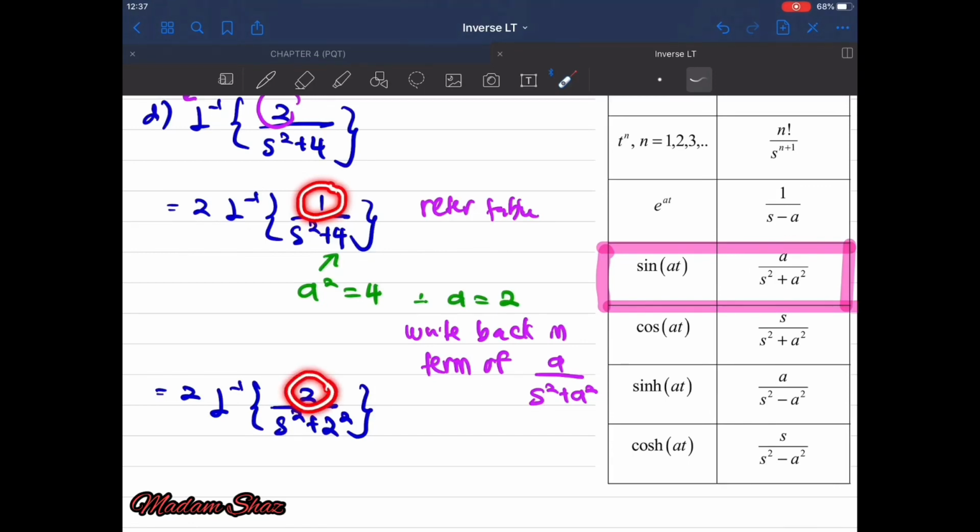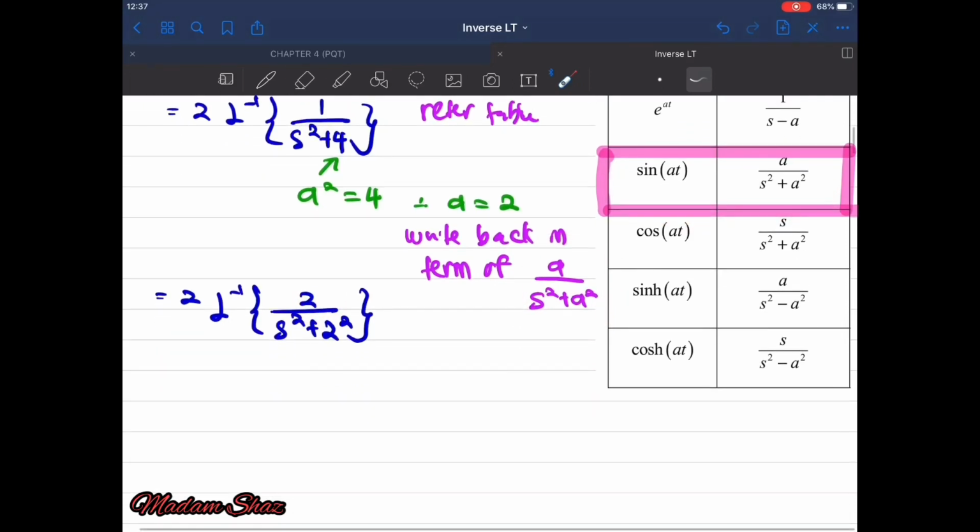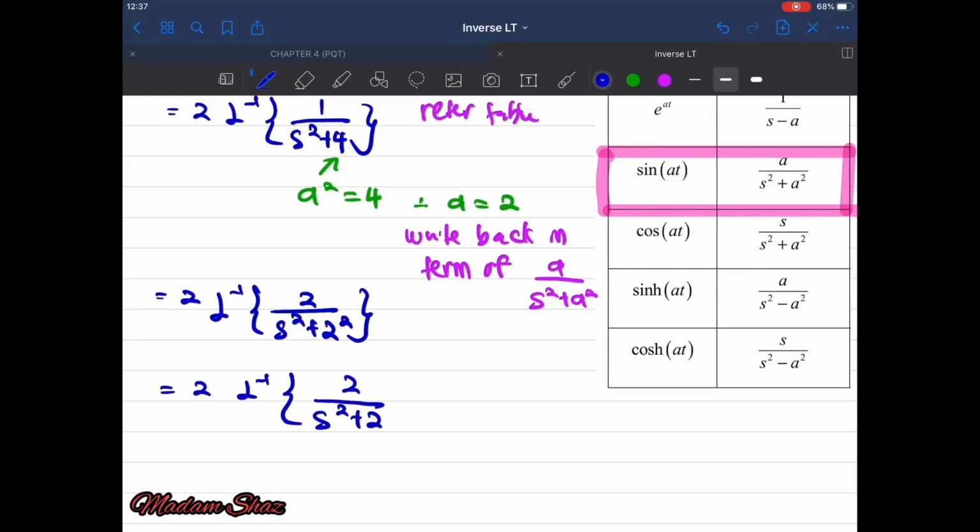Why do you multiply by 2? Because we want to write back in the same terms as in the table of the Laplace transform. So when you multiply by 2 here, you have to divide back by 2 at the front here. 2 Laplace inverse of 2 over s square plus 2 square, divided by 2.